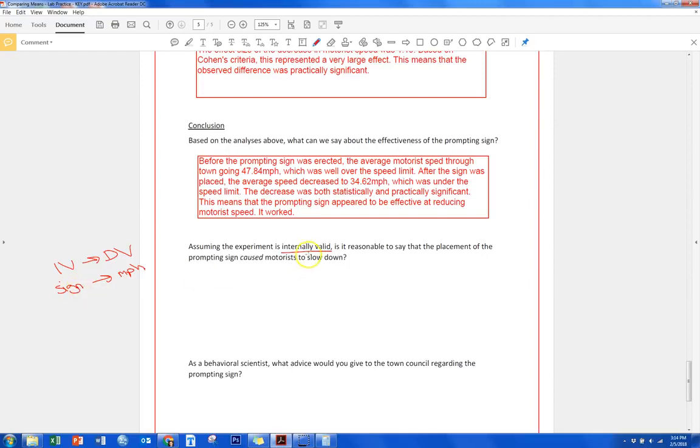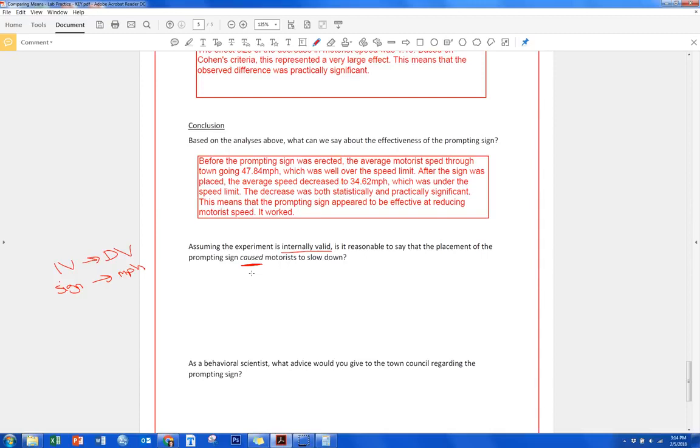But assuming that it is internally valid, nothing else was causing this difference in speed, is it reasonable to say that the placement of the prompting sign caused motorists to slow down? Now, this is the next word that should give us pause. We always have to be very careful when we talk about causality. In a correlational study, you've probably heard the expression correlation does not imply causation, or correlation does not equal causation.